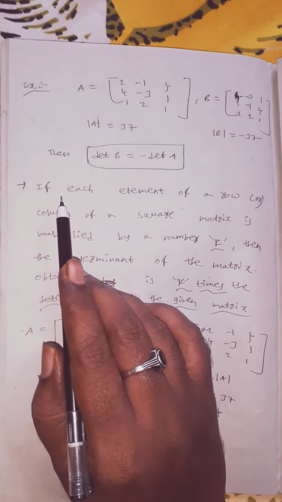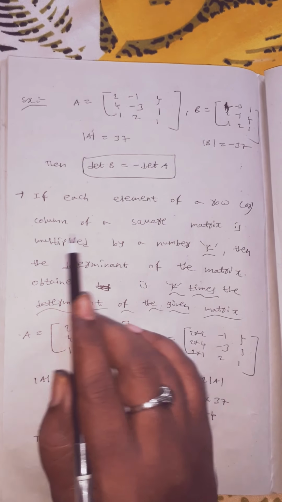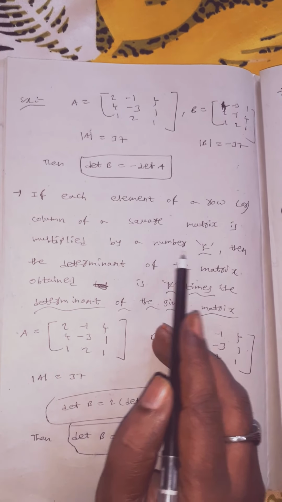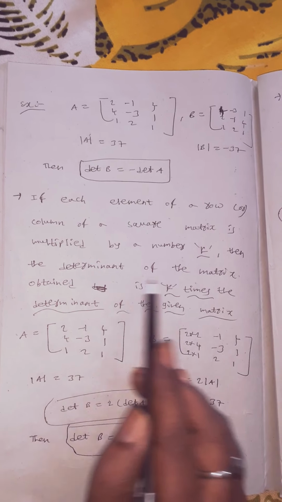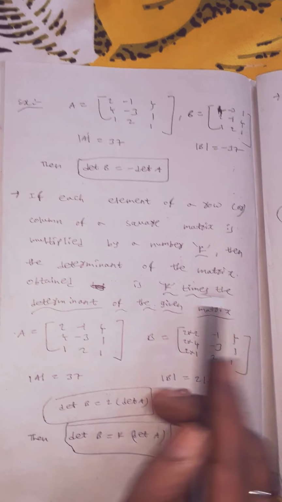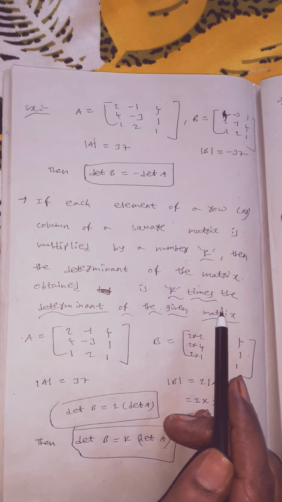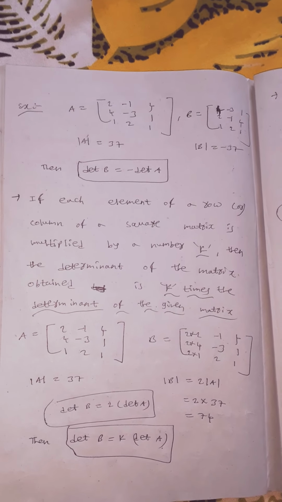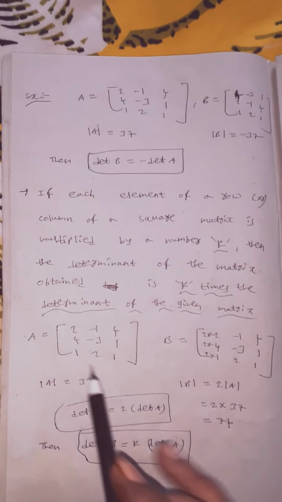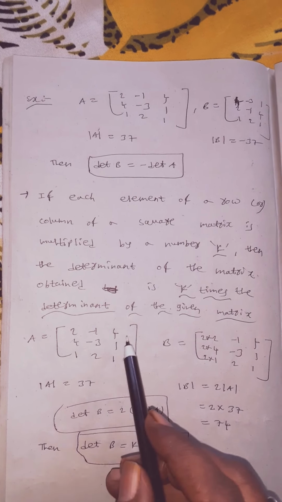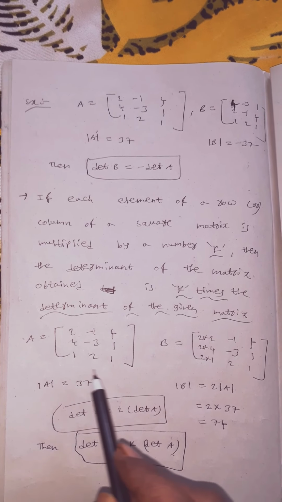Next property, if each element of a row or column of a square matrix is multiplied by a number k, then the determinant of the matrix obtained is k times the determinant of the given matrix. This concept we have already come across previously. So A is equal to 2 minus 1 4, 4 minus 3 1, 1 2 1.